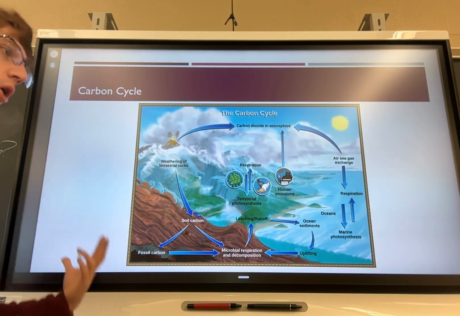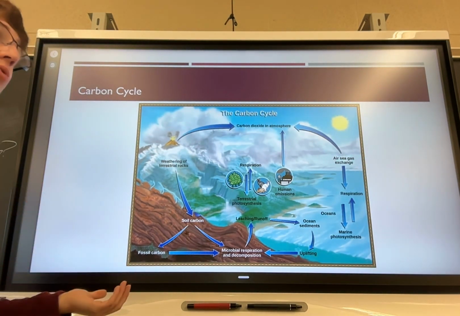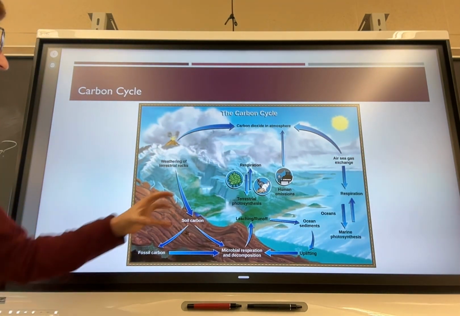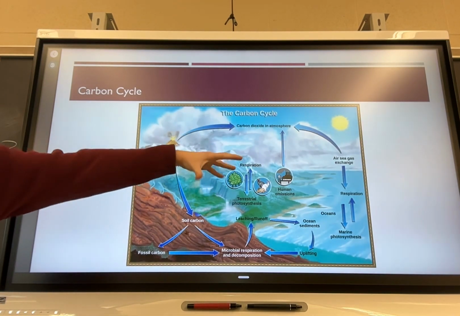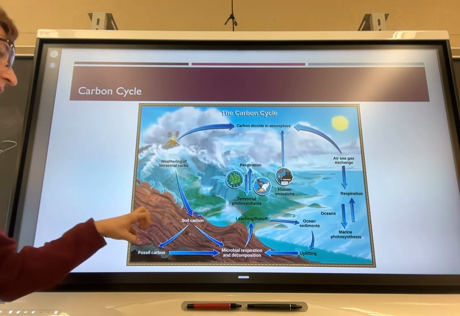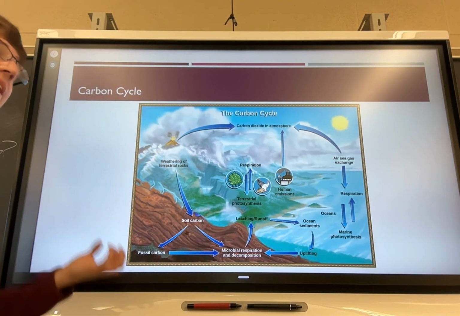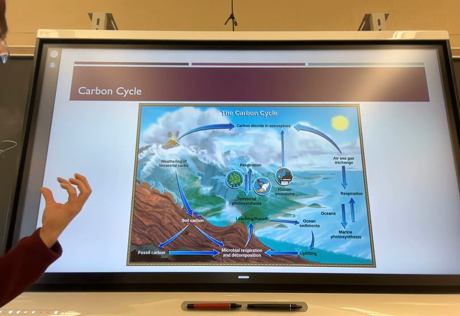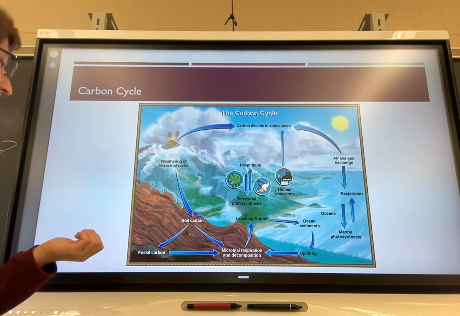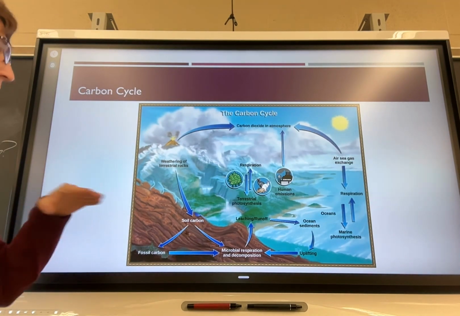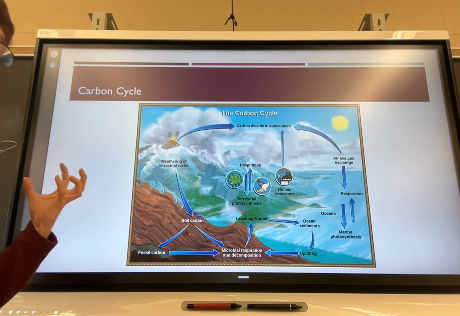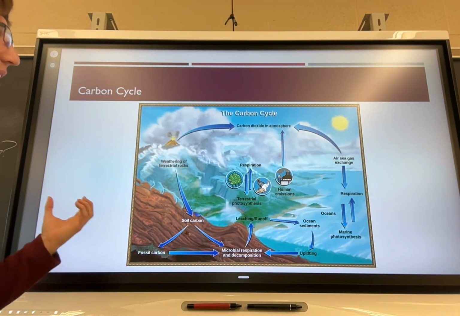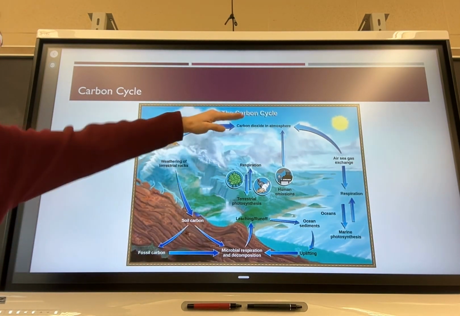All of our coal, all of our oil, all of our natural gas is a result of different carbon-based organisms dying and being compressed into a mostly solid carbon source. That's why whenever we burn fossils or fossil fuels, we get more carbon dioxide back into the environment.